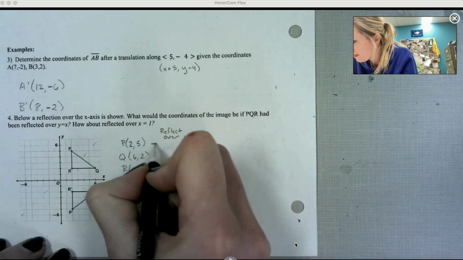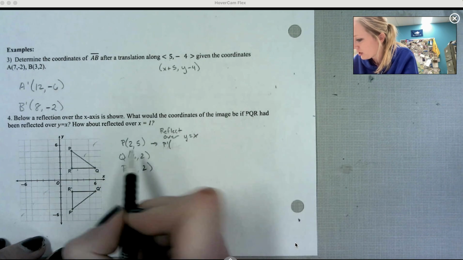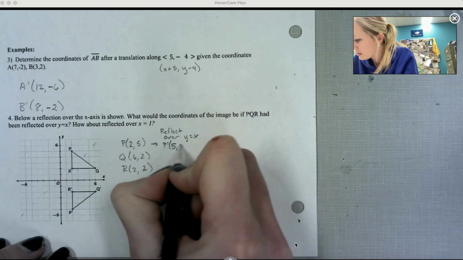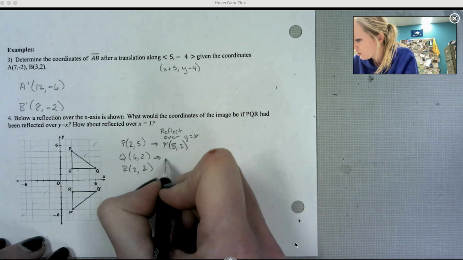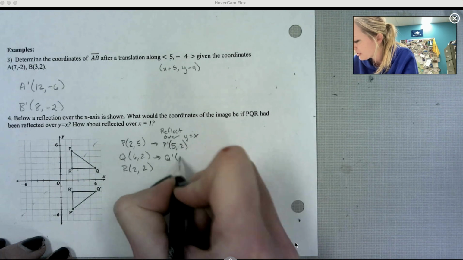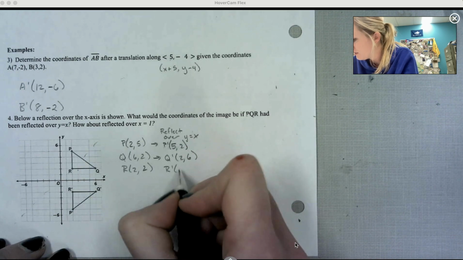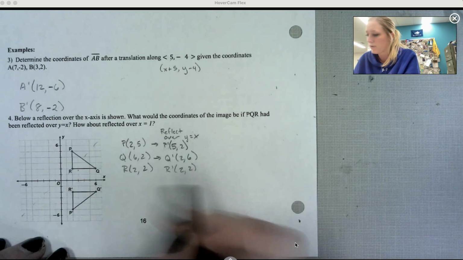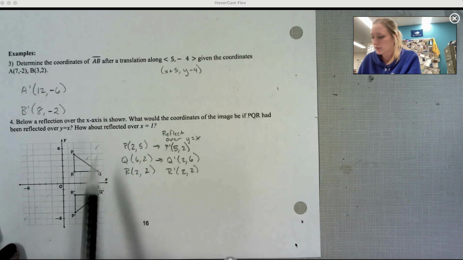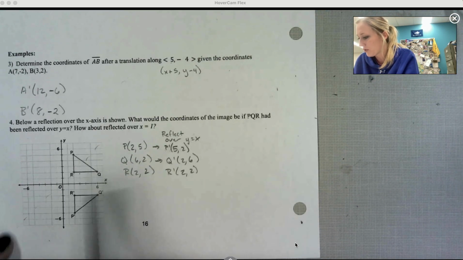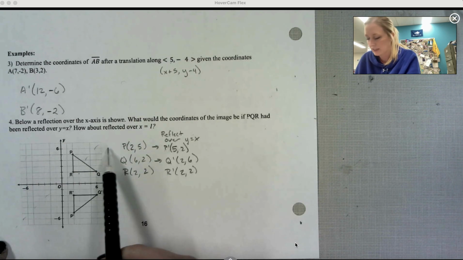So if I do that, my P prime would switch places. So it'd now be at (5, 2). Q prime would be at (2, 6). And R prime would still be at (2, 2). So that's where my new coordinates would be. Really easy with the rule. You also can see if I plotted these points, it'd be perfectly mirrored over that y equals x line.